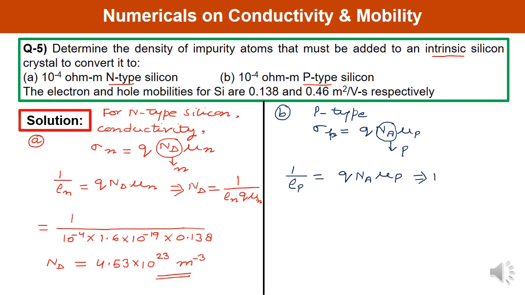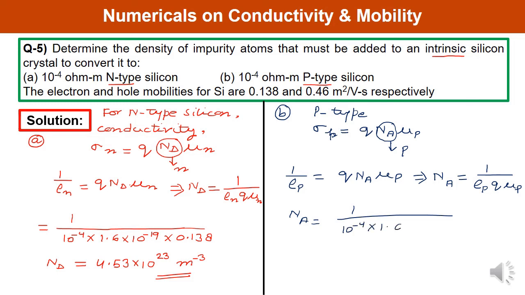So from here you can calculate the concentration of acceptor atoms, which is the impurity atom, and this particular term would be 1 upon Q into mobility of holes. Now just substitute all these values over here. This is 10 raised to the power minus 4.